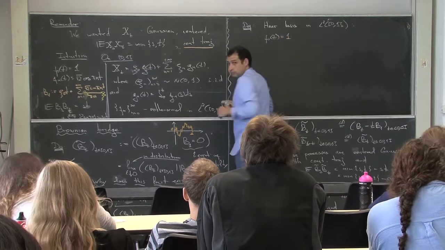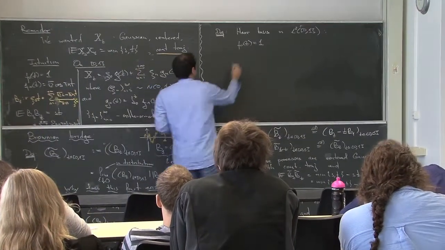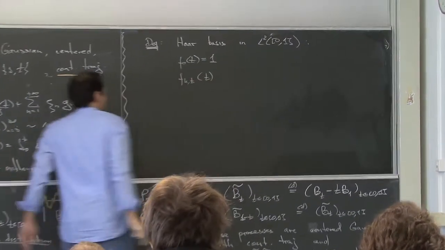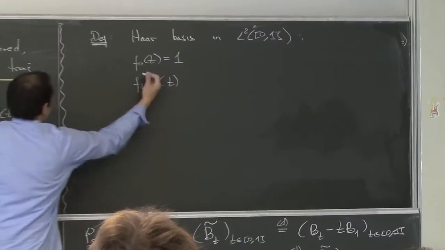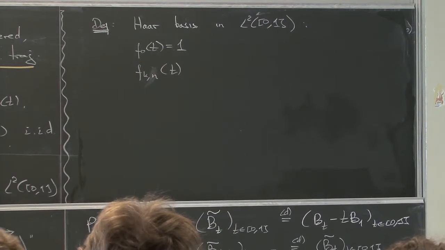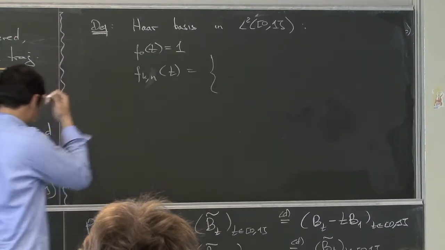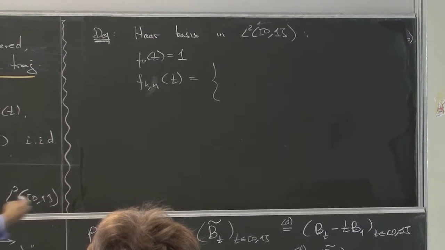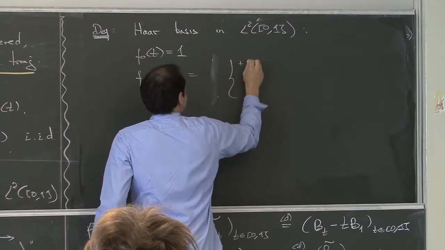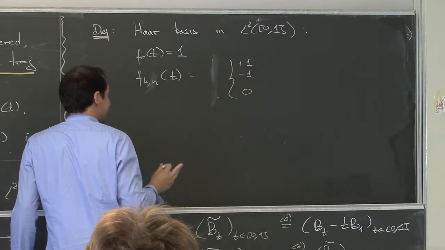So f naught is just 1. And then I'm going to use f_{k,n}, sorry, double index. It's not very easy to write, so never remember. It takes values +1, -1, 0. It is mostly 0.